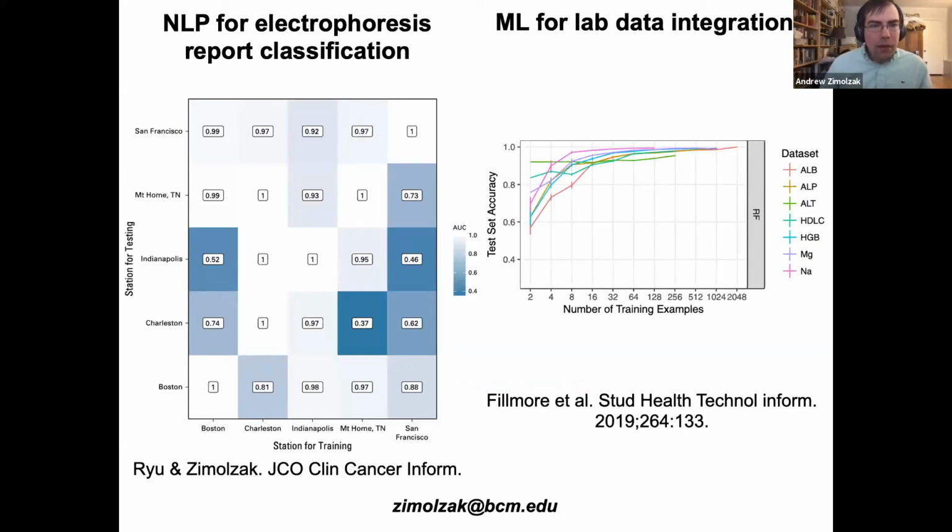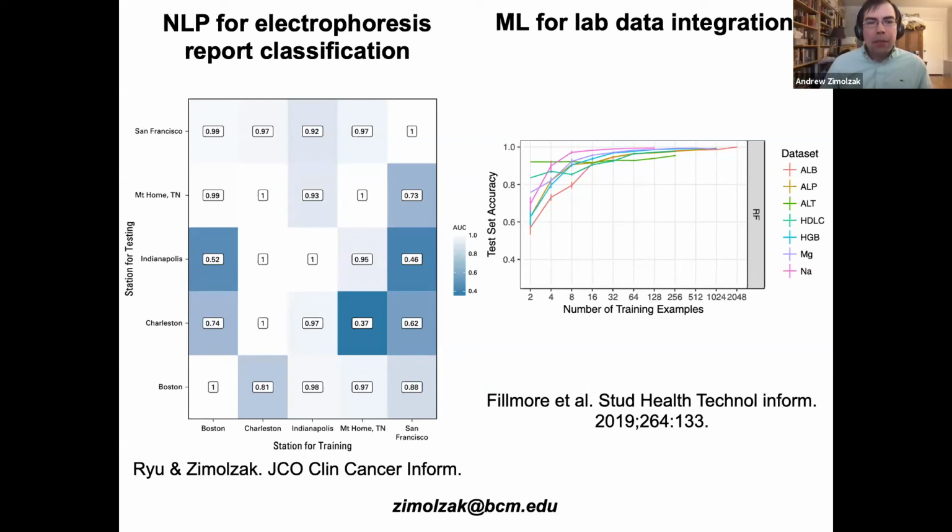previous work of mine. This was on the left panel, a simple NLP classifier of very short clinical text reports that detect a certain type of blood, bone marrow related cancer.